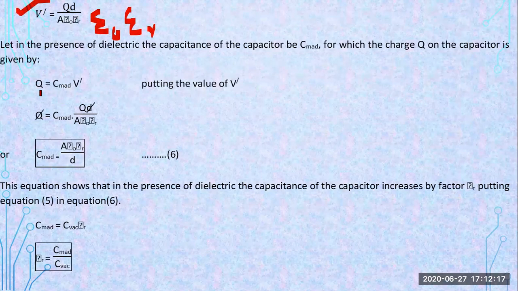Again, you are using the concept of capacitance, now in the case of a medium, that is Q over V dash. In the previous case it was for vacuum. Now it's a medium, and the rest of the terms are the same.